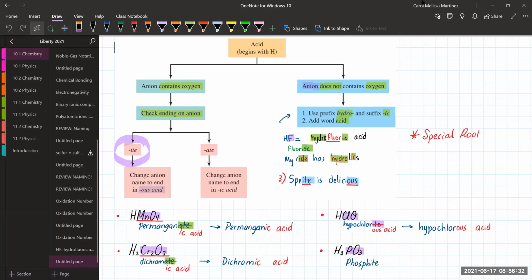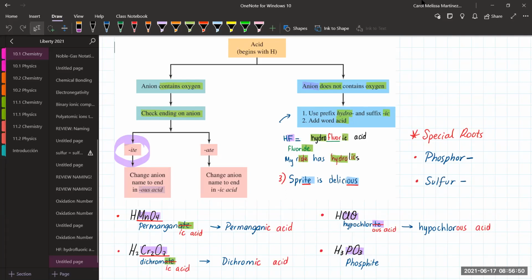We have the one for phosphorus. The root is going to be phosphor, okay? And the special root for sulfur is the entire sulfur, okay, like that.